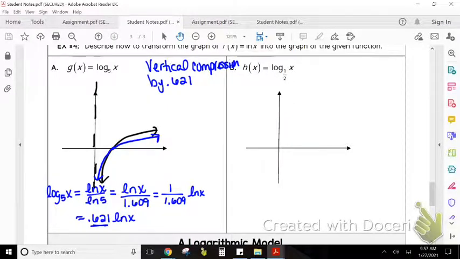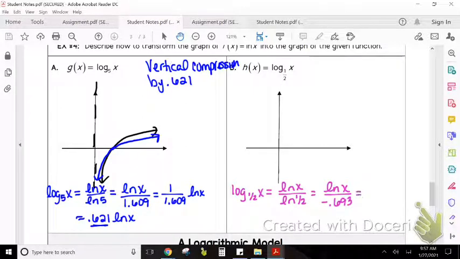All right, so for B, we're going to do the same thing. So for B, we got log base 1/2 of x. And we need to change that into a natural log. So it's the natural log of x over the natural log of 1/2. The natural log of 1/2 is negative 0.693, which means dividing by that number is the same as multiplying by the reciprocal.